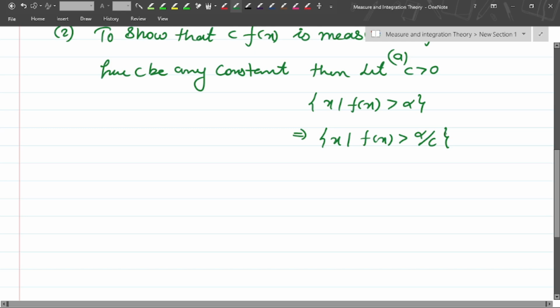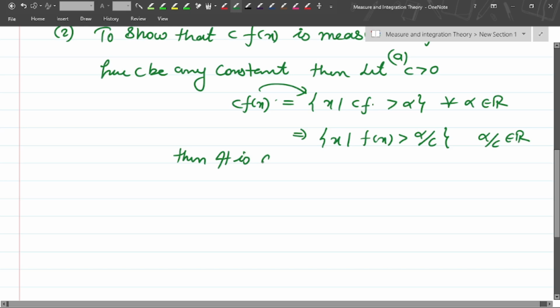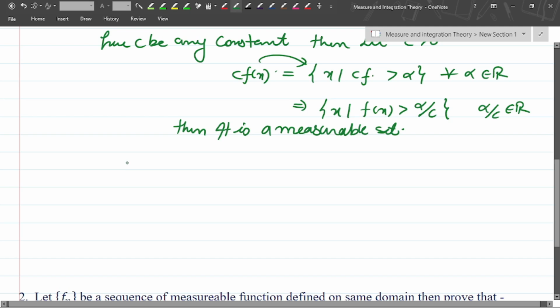It can be written in such a way that for every alpha belonging to the real numbers, and obviously if c is a constant, then alpha by c also belongs to the real numbers. Then it is a measurable set.